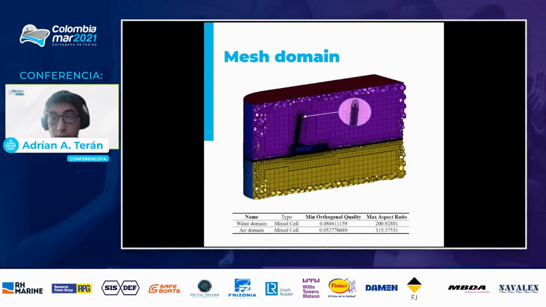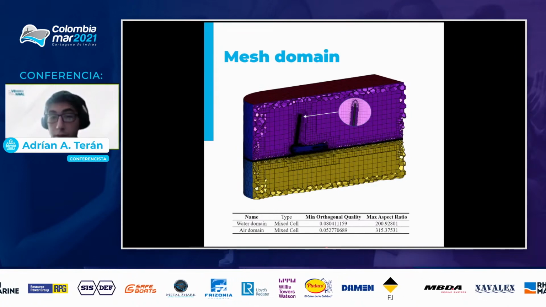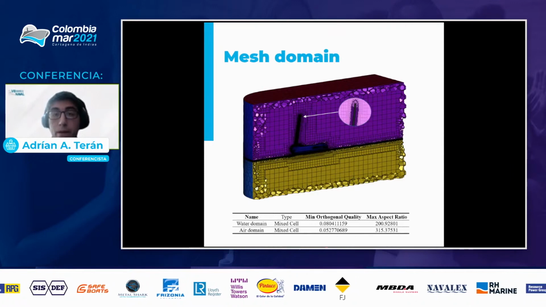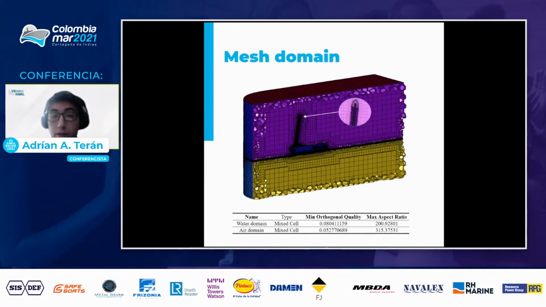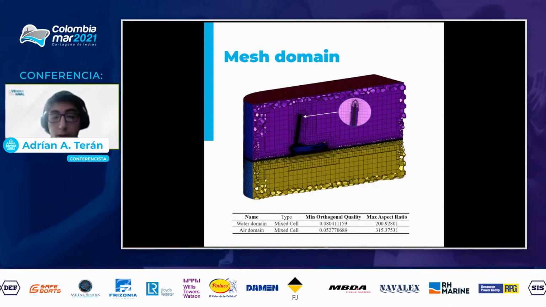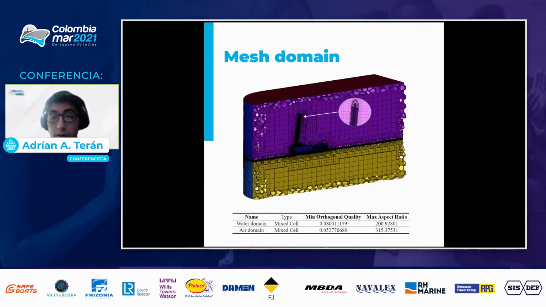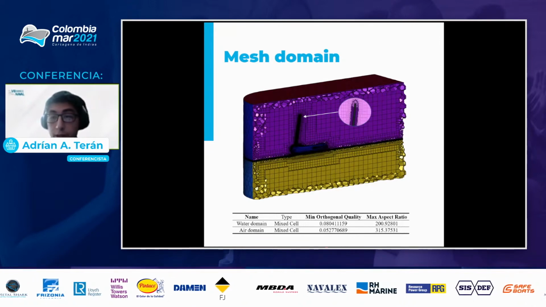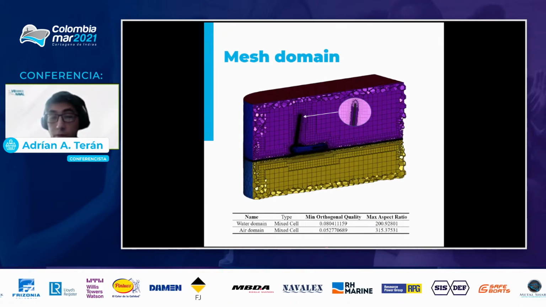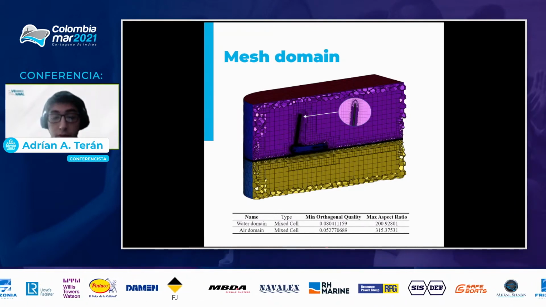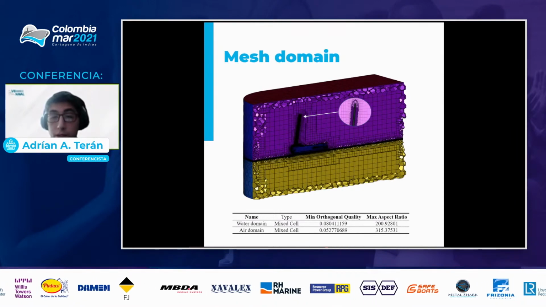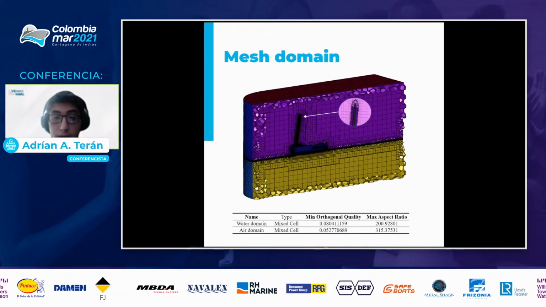Now we have some of the most essential parts, which is the grid of the domain, or the mesh for the domain. We have some polyhedral, hexahedral, and prismatic elements. The selection of these elements is due to the high quality of mesh that we can get as compared to other elements. In this case, we can see the elements on the external parts of the mesh.